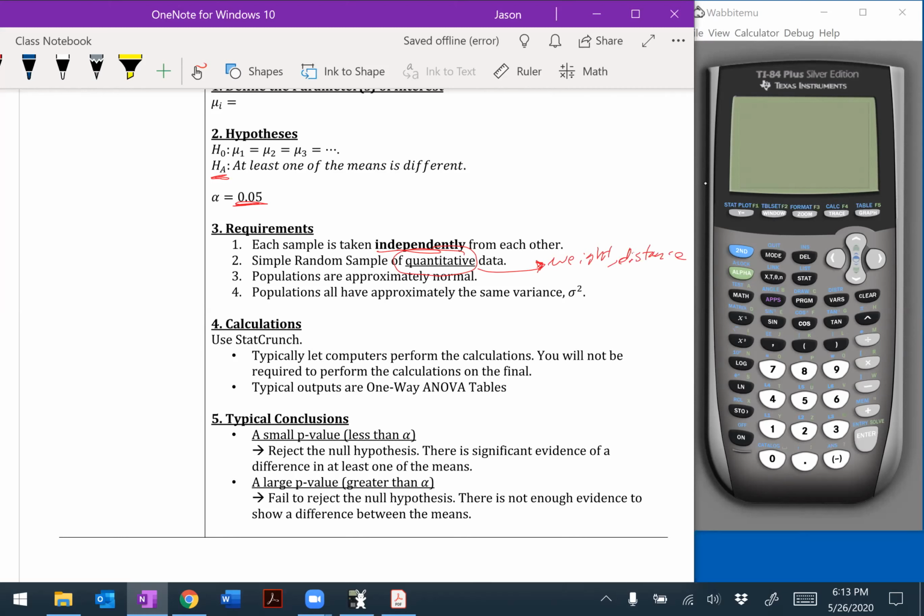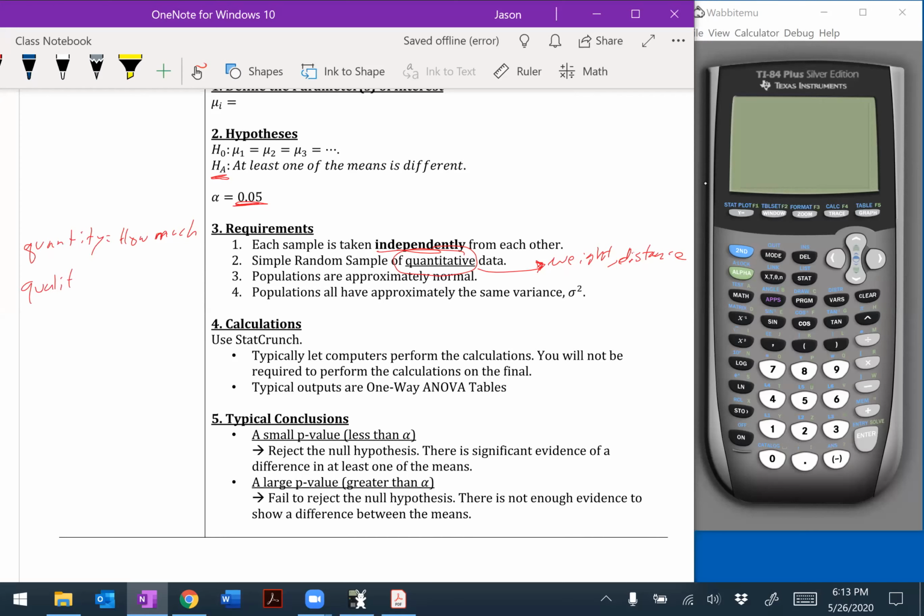Quantity asks how much, instead of how many. Quantity is how much?